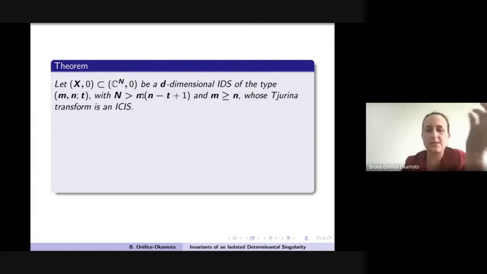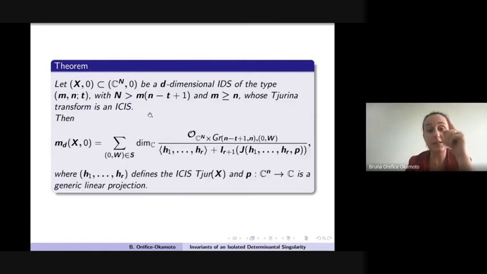And I assume this hypothesis here, and I just say which is bigger, m or n. If it's not the case, I just take the transpose of the matrix, whose Tjurina transform is an ICIS. Then we proved that the d-th polar multiplicity of X is equal to the sum here.